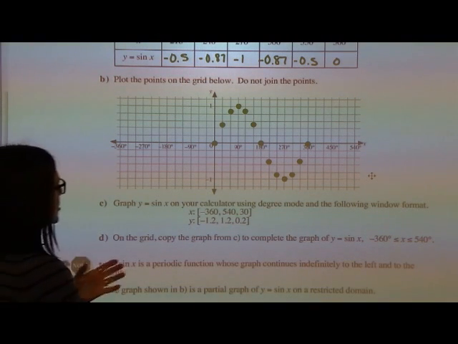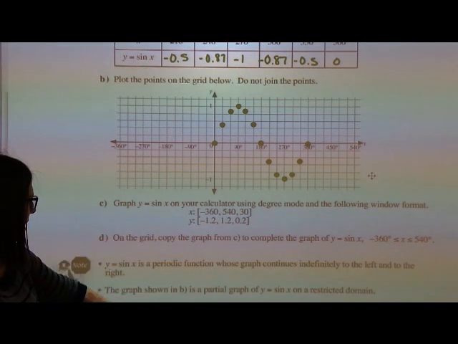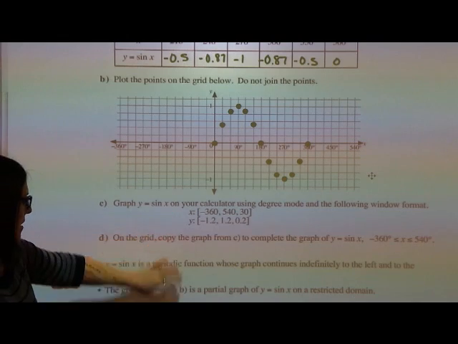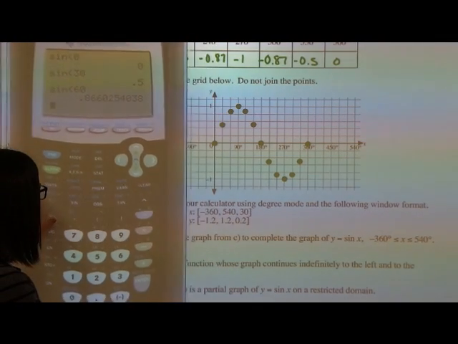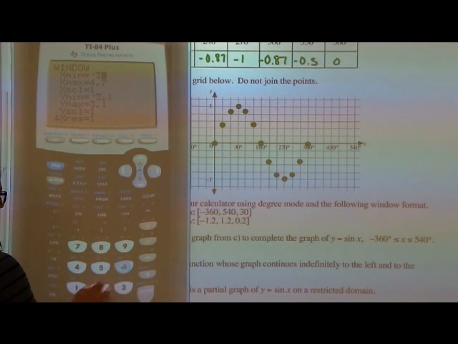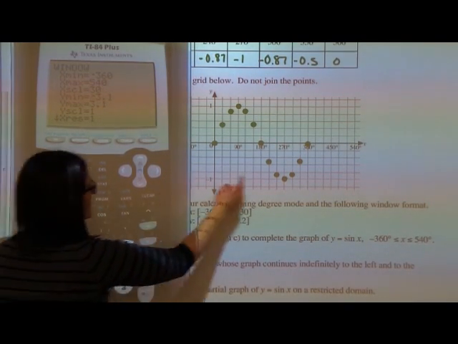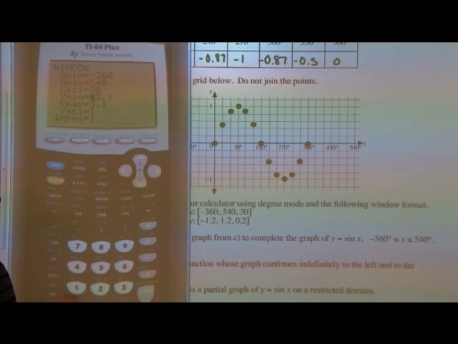So now what we're going to do is graph this on our calculator, and these are the window settings that we're going to use. So while you work on that, I'm going to work on that at the same time. Window settings are going to go from negative 360 to 540 degrees, going up at 30, so all of my tick marks will match from the grid to the graphing calculator.